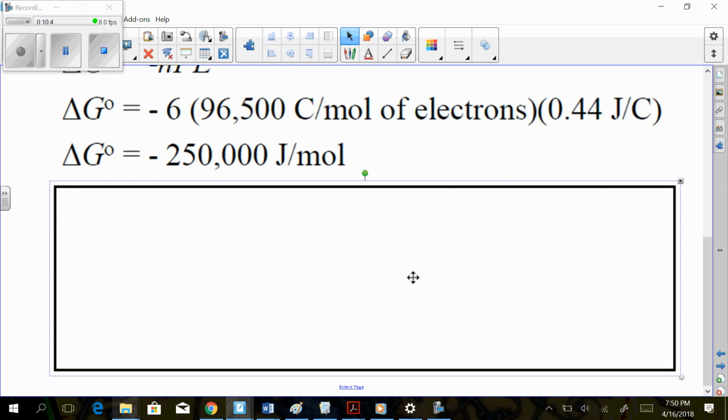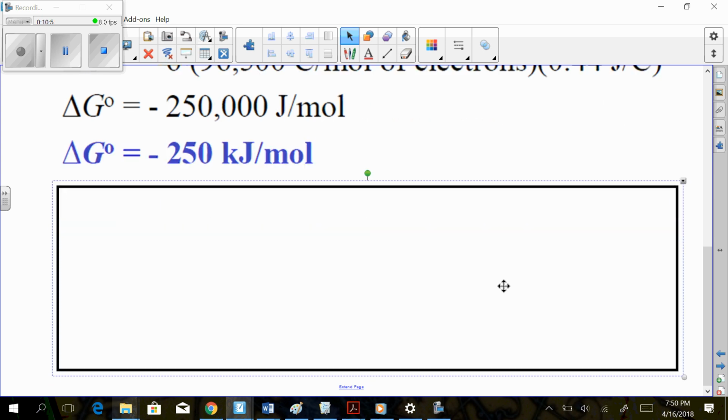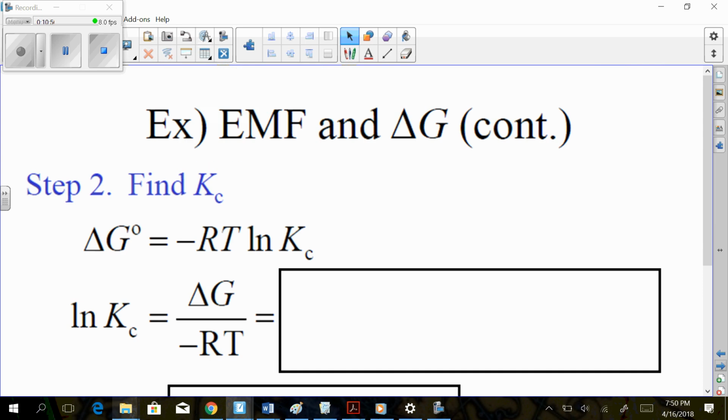You get negative 250,000 joules per mole, or negative 250 kilojoules per mole. Now, the next step would be to find the K. We want to know, what's that equilibrium constant?